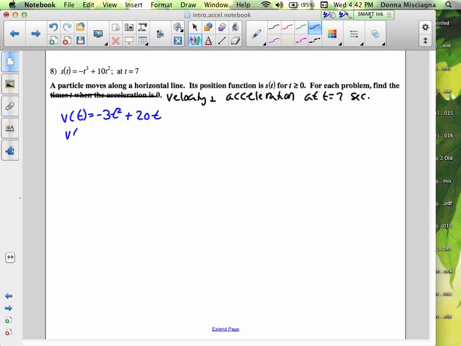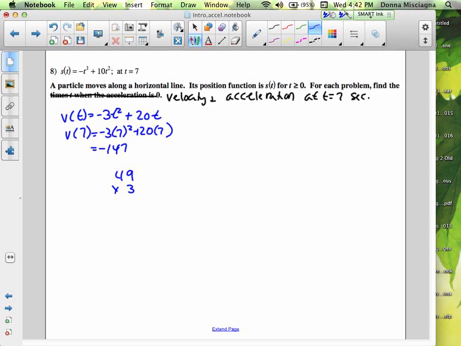And so our velocity at that time, negative 3 times 7 squared plus 20 times 7, is going to be negative 3 times 49, which would be 147, right?